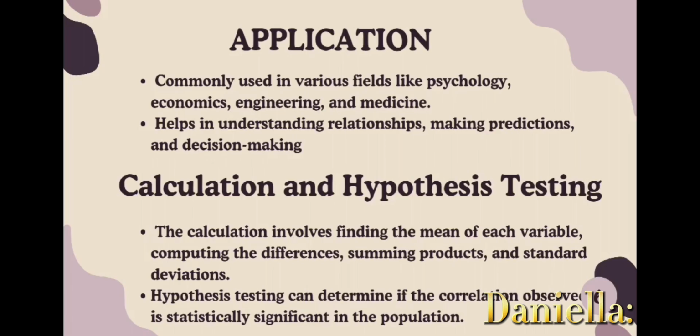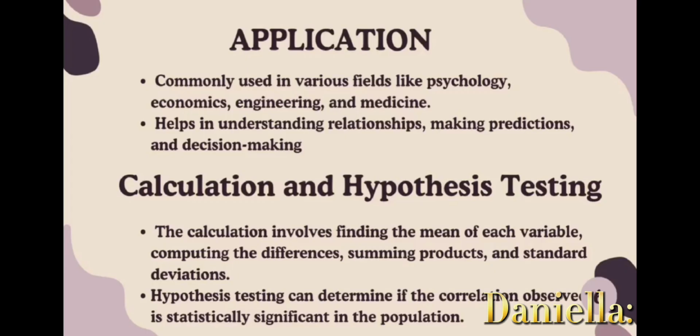Application. Commonly used in various fields like psychology, economics, engineering, and medicine. It helps in understanding relationships, making predictions, and decision making. Calculation and hypothesis testing. The calculation involves finding the mean of each variable, computing the differences, summing products, and standard deviations.